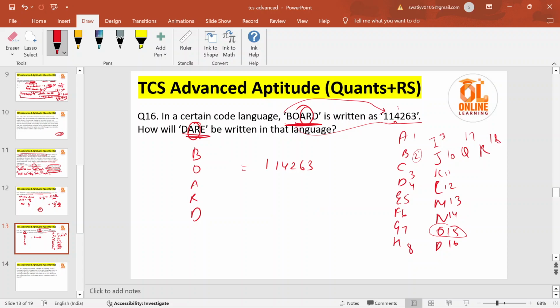AR is written as 26. If I take D, D is 4 and 3 is written, so that is 4 minus 1, we have to take minus 1. AR is written as 26 and E is 5, so 5 minus 1, that is 4. So 3264 is your answer.